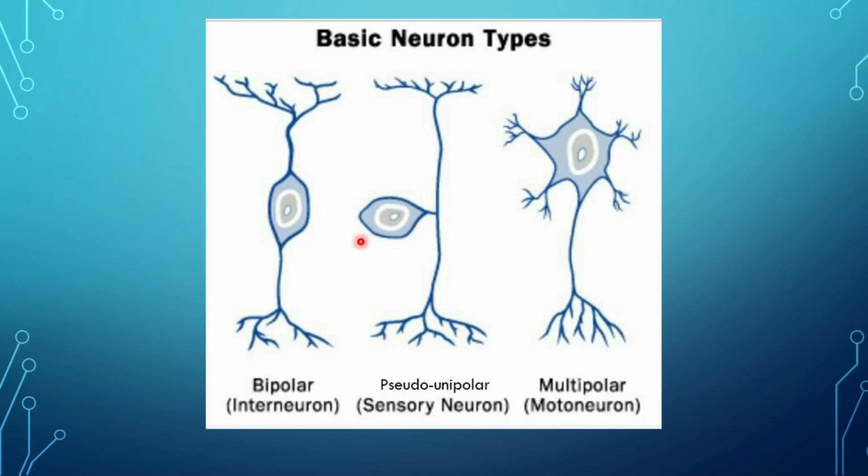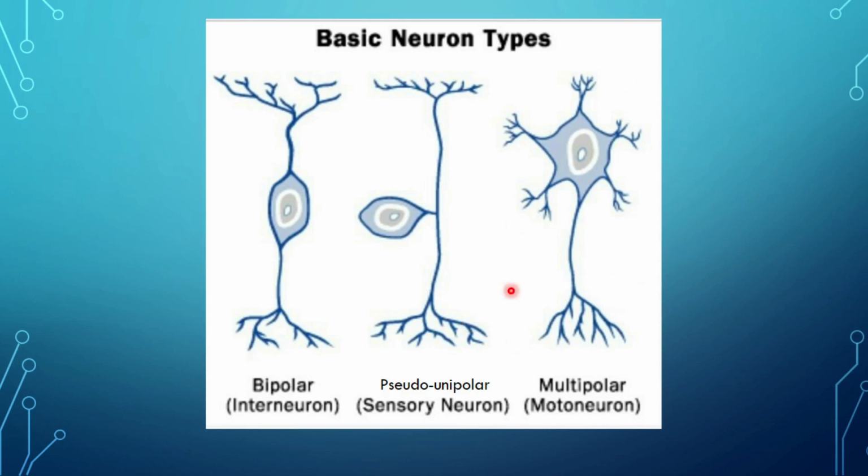But essentially, say you have a nerve coming from your big toe and you've just stubbed your big toe, and you feel the pain. The initial impulse that would have been picked up by one of these pseudo unipolar neurons and brought back to your spinal cord for further processing through the pathway.